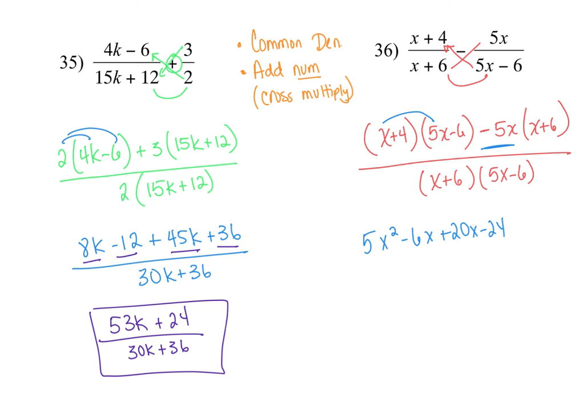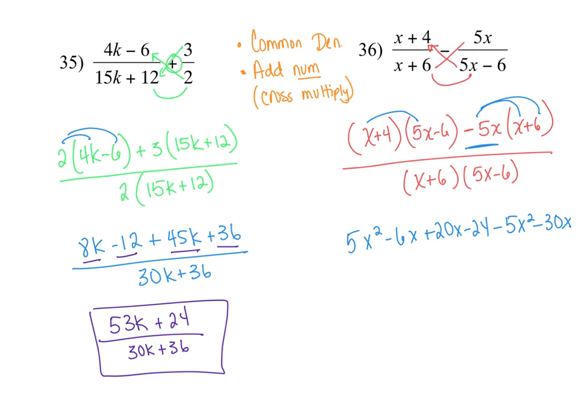Here you are distributing that negative. So 5x goes through with the negative. 5x goes through again with the negative. That's the most common mistake there, is that negative. The bottom can stay, like I said, leave it in factored form. No reason to FOIL it.